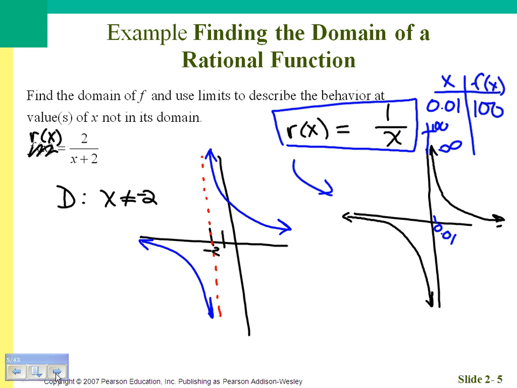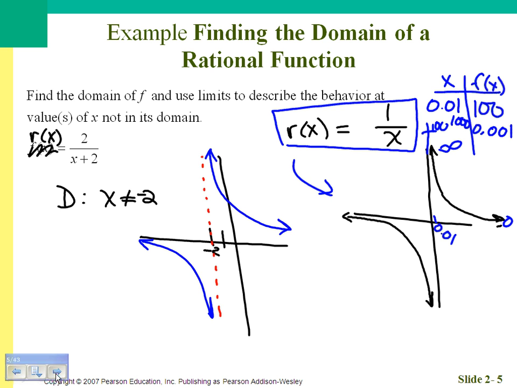On the other hand, if x gets large, if you put a large number for x like 1,000, f of x is 1 divided by 1,000, or 0.001, and you can see that the limit as x goes very large out here, your y values, f of x, will approach 0. Again, I'm going to talk more about limits on Monday, but that's the basic idea of these reciprocal functions.